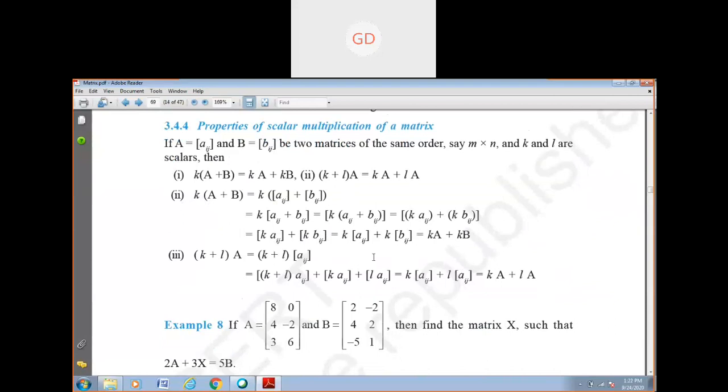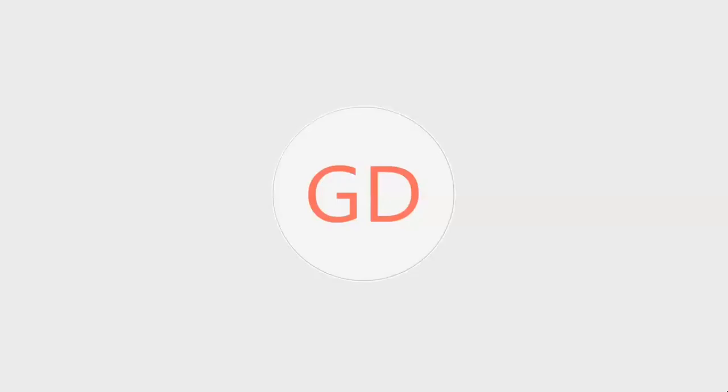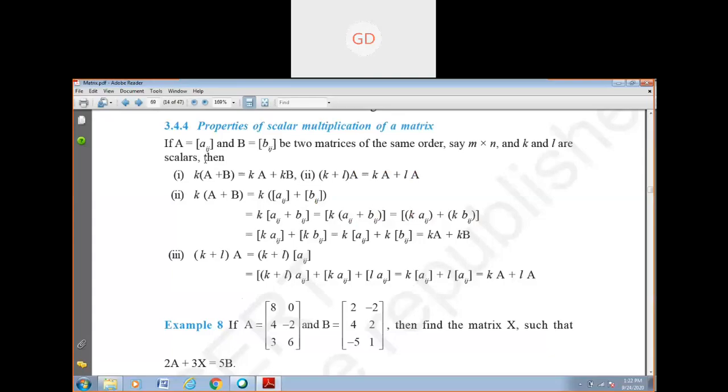Now, to handle this operation, scalar multiplication in matrices, there are some properties we should know here. Notationally, A is this matrix, B is another matrix, two matrices of order m by n considered, no problem.